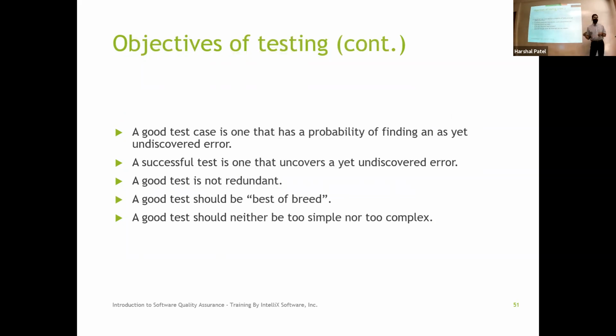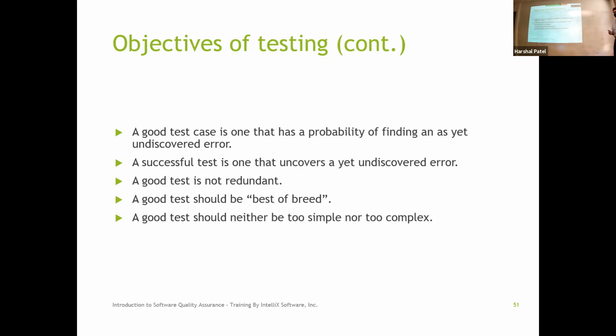Okay. Now, the way you do all of the testing is through something known as a test case. Think about a test case as nothing but a scenario which you are executing against the system to perform a task.